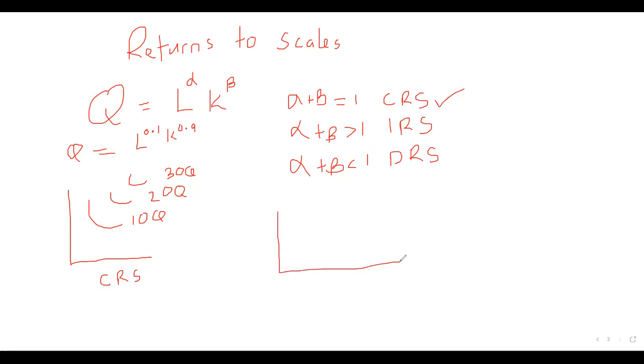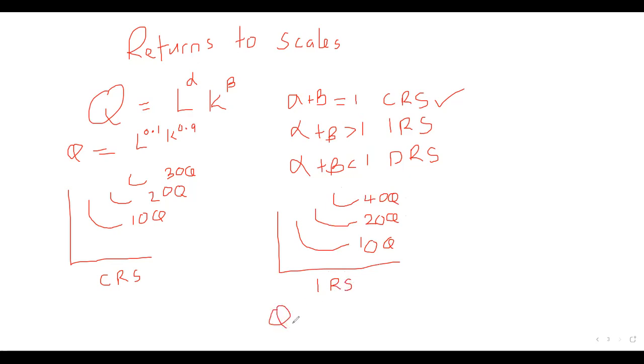Sometimes you could have production increase at an increasing rate. So here we have 10Q goes to 20Q. Instead of going to 30Q, it keeps doubling. It has gone to 40Q. So this depicts what is called an increasing returns to scale.